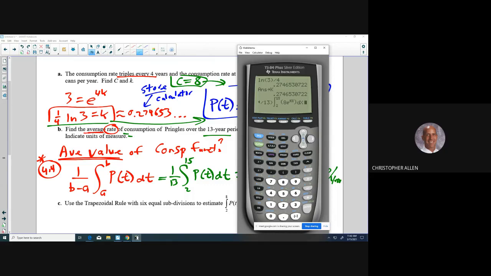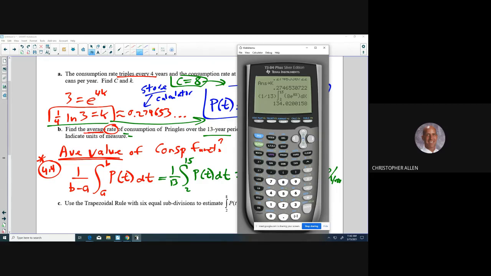The k is this 0.27, blah, blah, blah, and then I'm just going to hit enter. Does that help? Okay. Any other questions on part B?